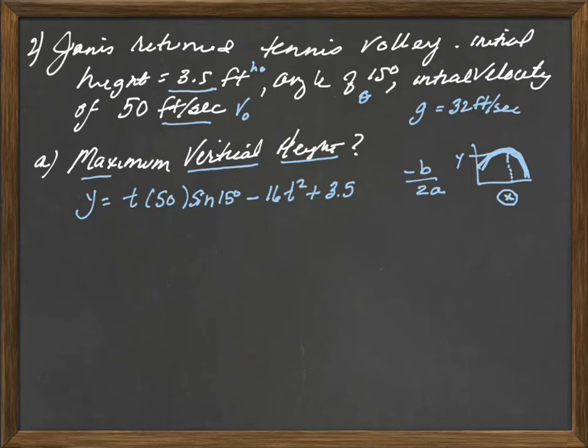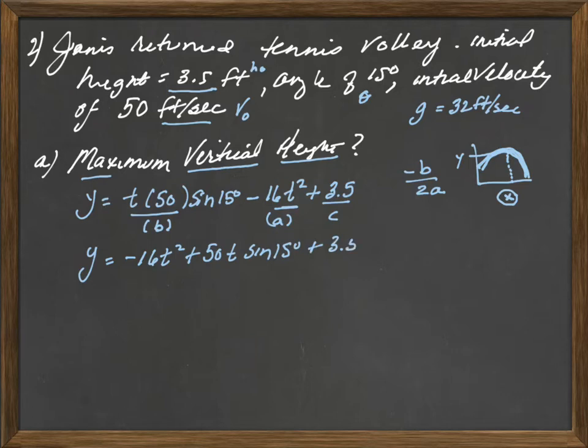Okay, now does this look like a t squared, and this is a t, and this is the constant? So I'm going to put it in the order you're used to seeing to pull off a and b. But if you don't like to do that each time, you can tell this is b, and this is a, and it has this negative in front of it, and this is c. But just so you see what we're doing, this is negative 16t squared plus 50t sine 15 degrees plus 3.5.